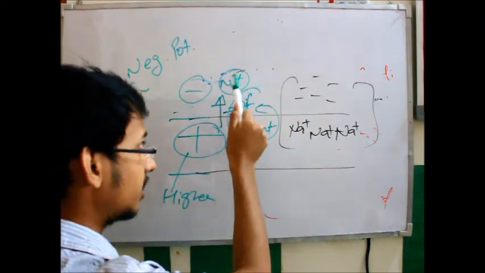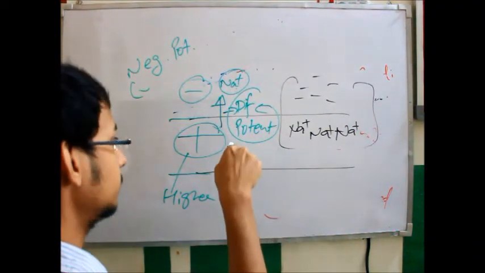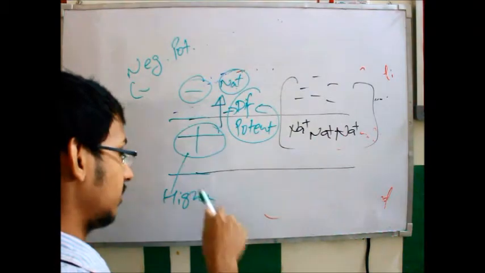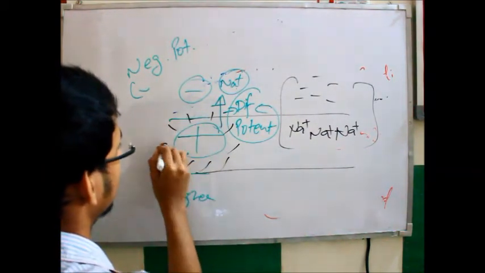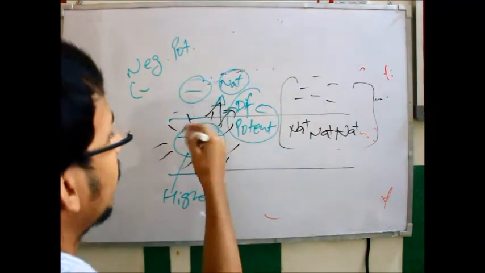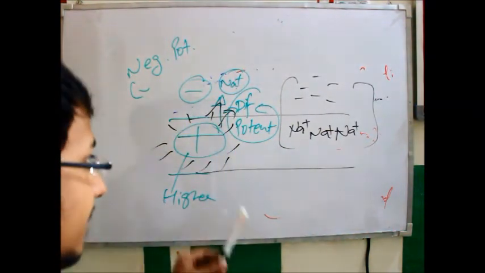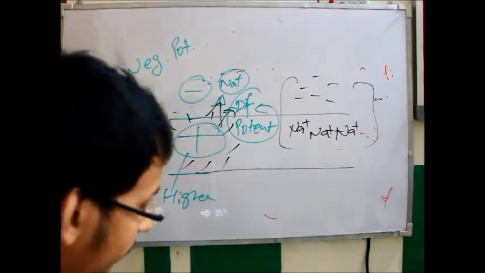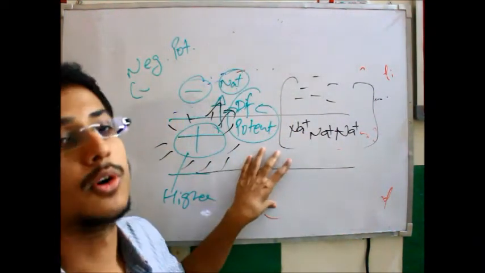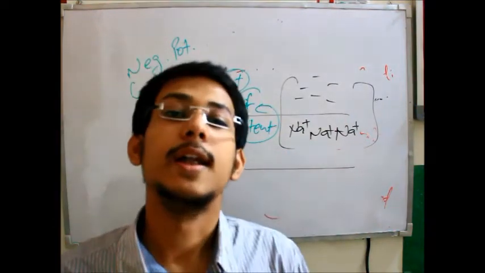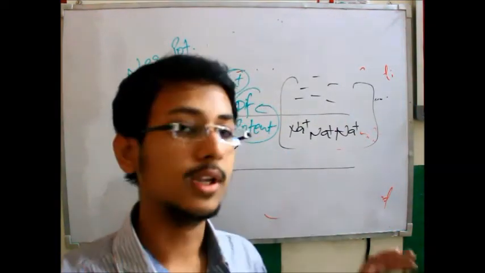Now, the sodium ion would not be able to move inside due to the repulsion of this electropositivity, and this plays a key role in the electrophysiological aspect of the membrane. This was the most important concept of electrophysiology, and I hope that it is now clear in your minds.